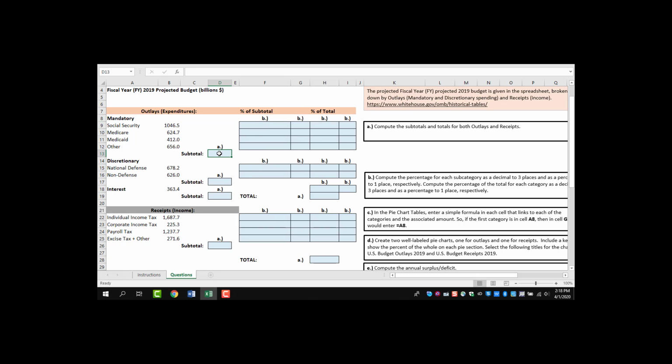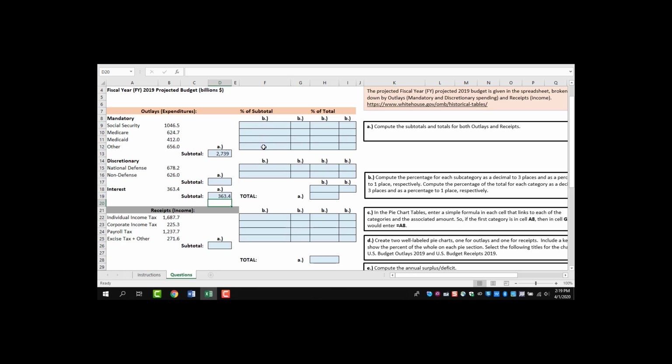So the subtotal for all the mandatory spending is simply going to be the sum of these. And this is discretionary spending, which means that this is all spending here. Outlays are all expenditures. So this is just going to be the sum of these two. You can put them here. The interest is only one thing, and that's there. So that's a subtotal for that.